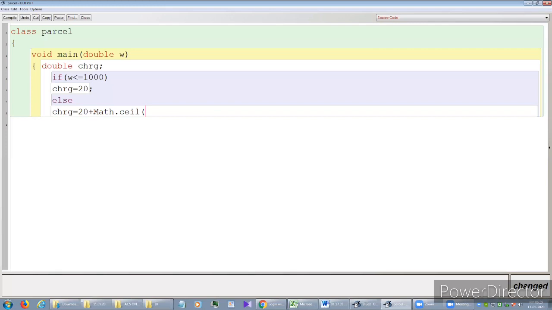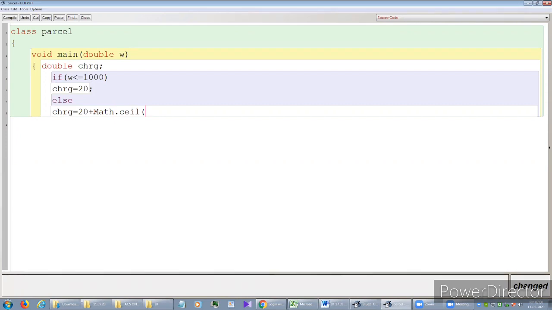If you give 1.1, you will get 2. If you give 1.2, you will get 2. If you give 1.3, you will get 2. If you give 1.5 also, you will get 2.0. If you give 1.9, then also you will get 2.0. This is the use of Math.ceil.